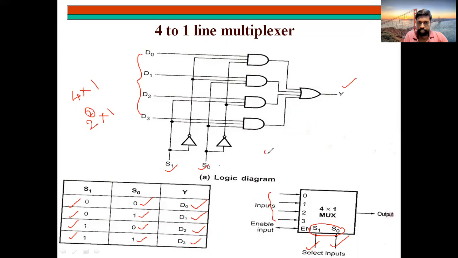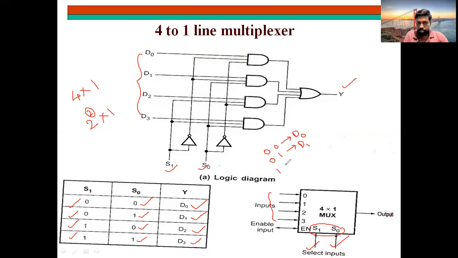If S0 and S1 are both 0, 0, you will see the first input, D0, at your output. For the second combination, S0 and S1 equal to 0, 1, you will see the second input, D1, at your output side.